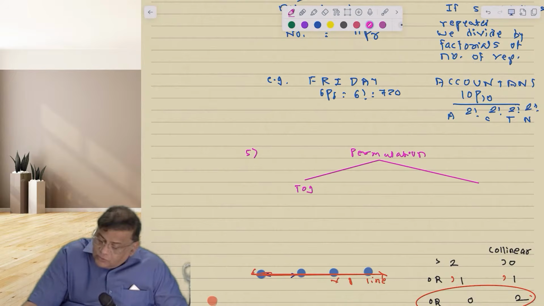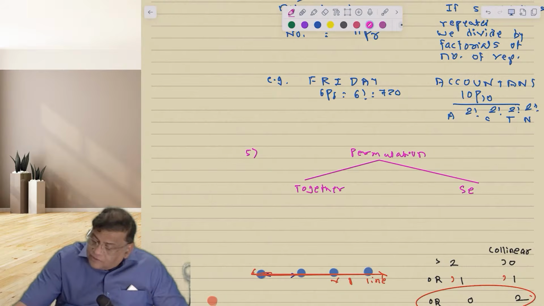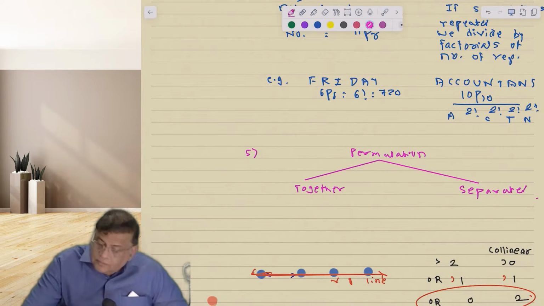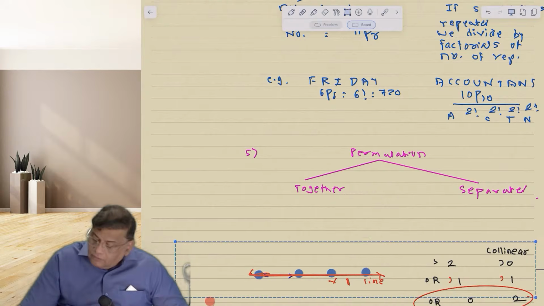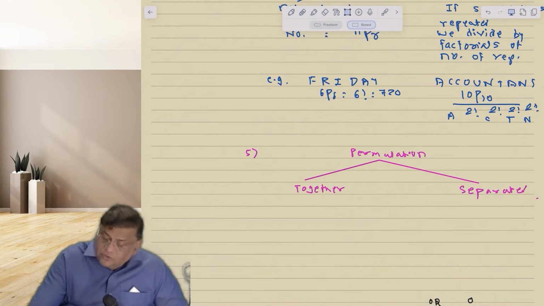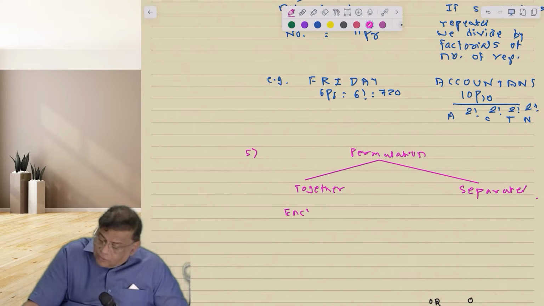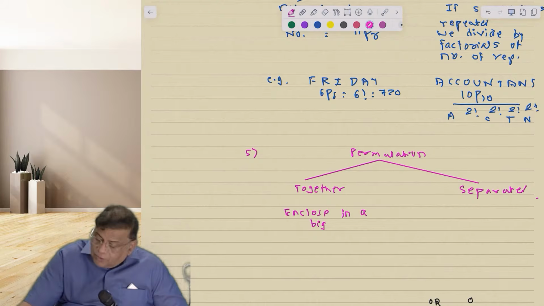Objects are together, objects are separated. Now, when you say objects are together, enclose them in a big box.